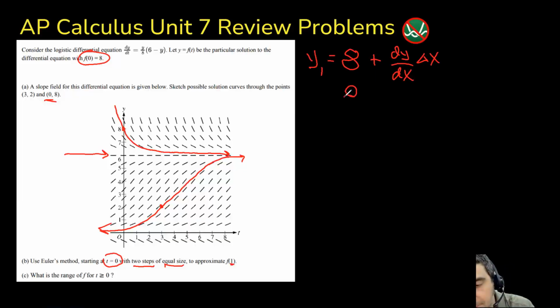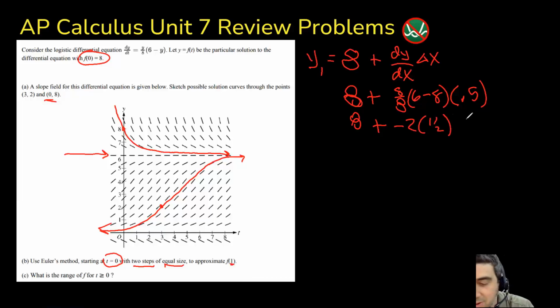So this would be 8 plus the differential equation evaluated at the point 0, 8. So that's going to be 8 over 8 times 6 minus 8 times our increment, which is 0.5. So this would be 8 plus negative 2 times 1/2, which is minus 1. So you have 7. That 7 becomes the y value for your next step. So this would be 7 plus the slope evaluated at the new point's value.